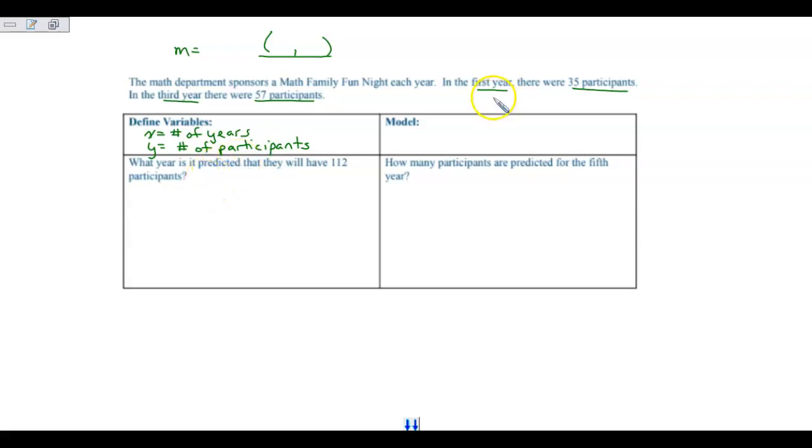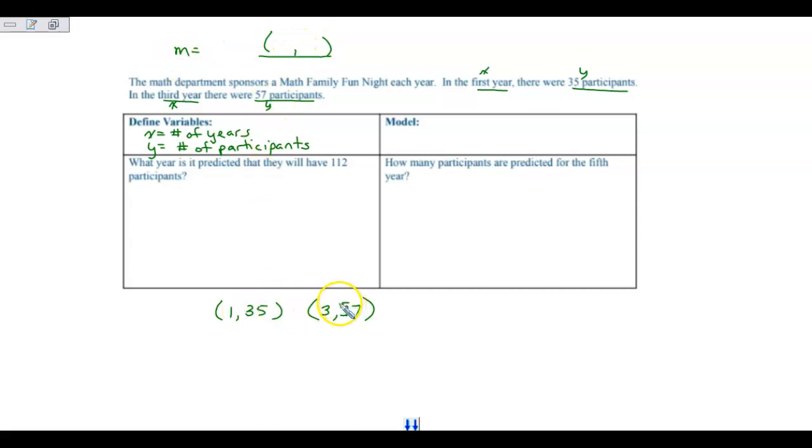So I can use this. My X is my years, so this is my X, and this is my Y, and this is my X, and this is my Y. So I have two ordered pairs. So in the first one, I have 1, 35, and in my third year, I have 3, 57. So I need to have a slope and a point. Well, I have 2 points.